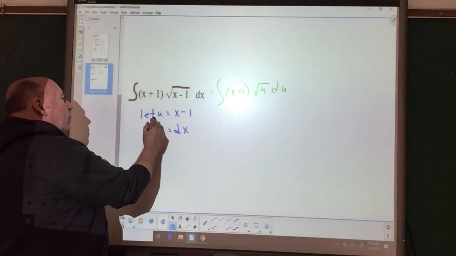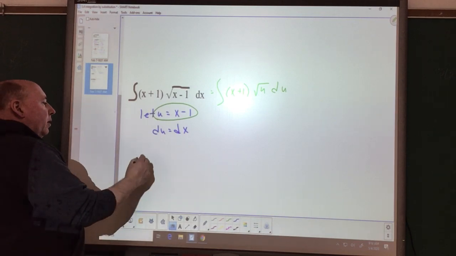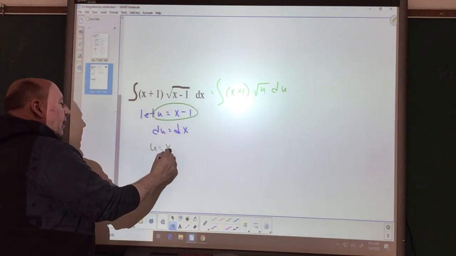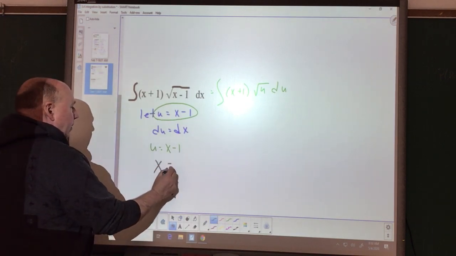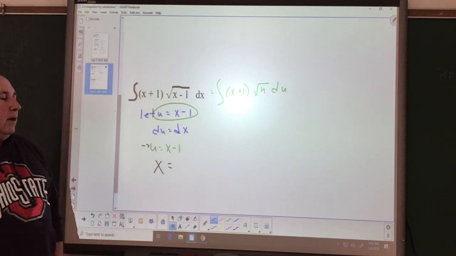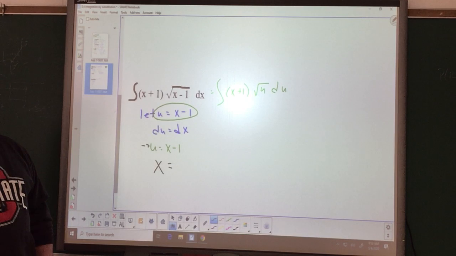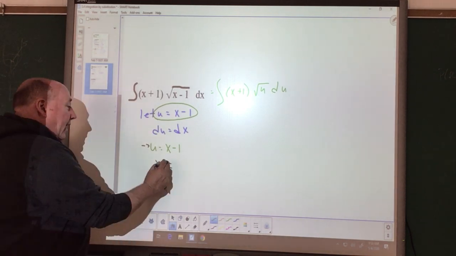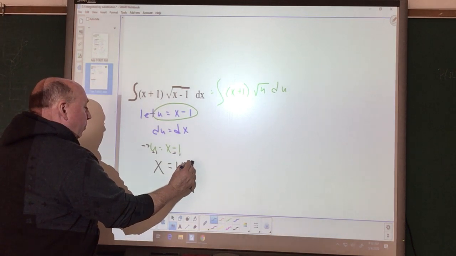Well, if we go back to our initial statement, u is equal to x minus 1. Given this statement, if u equals x minus 1, x would equal what? Well, if I add 1, this would equal u plus 1.